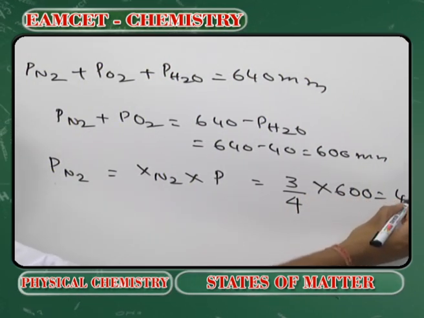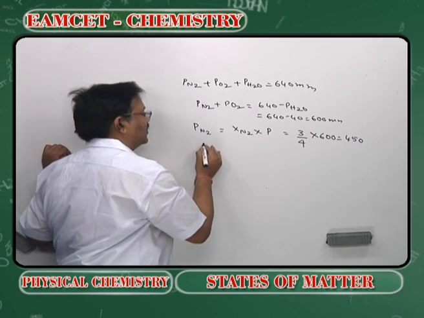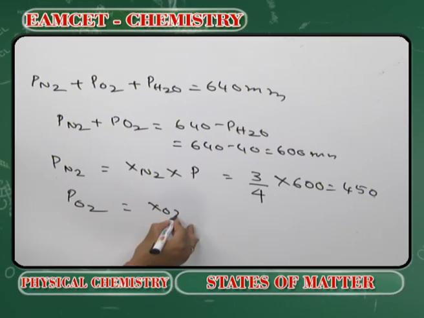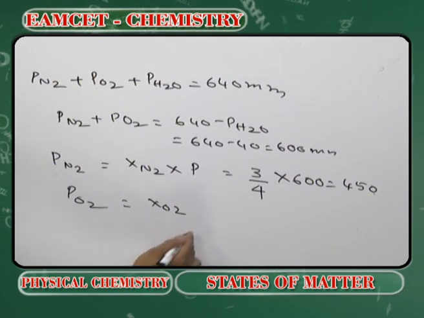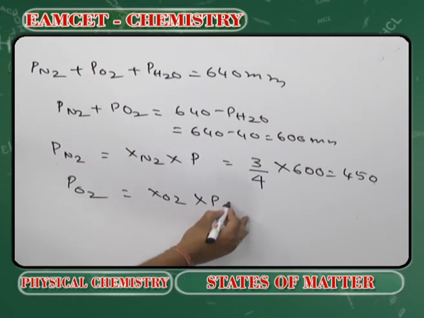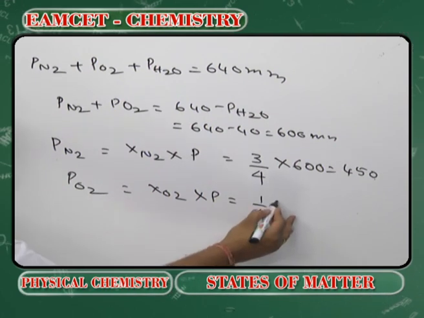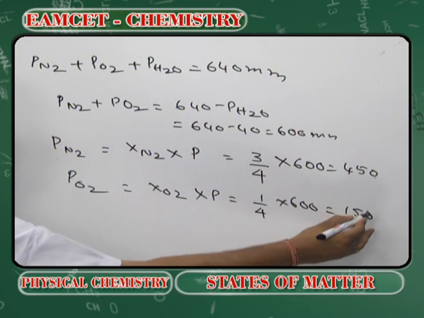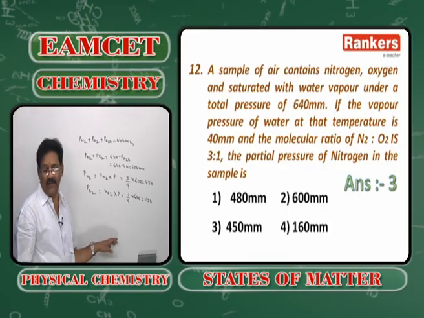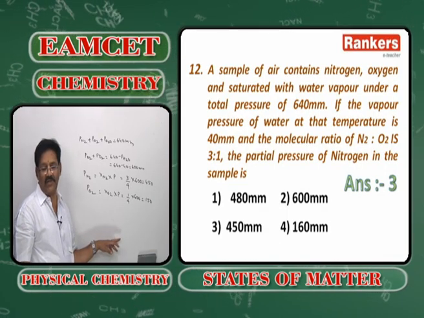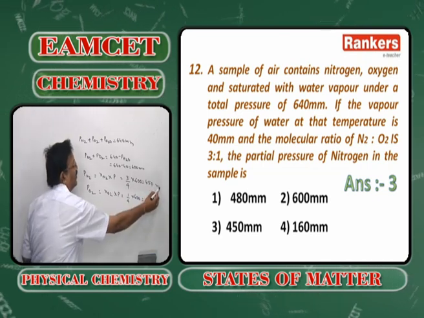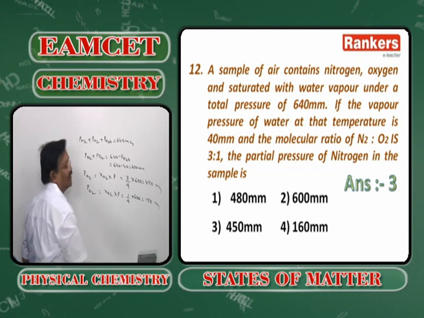So pressure due to nitrogen is 450. Pressure due to the oxygen will be equal to XO2, mole fraction of the oxygen, multiplied by total pressure, 1/4 into 600, that is equal to 150. So partial pressure of the nitrogen in this sample is 450 mm. Option 3 is the answer.